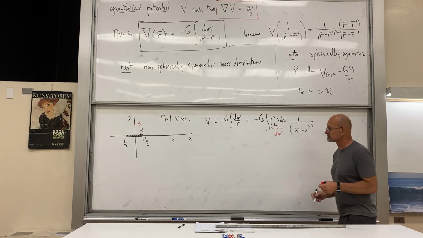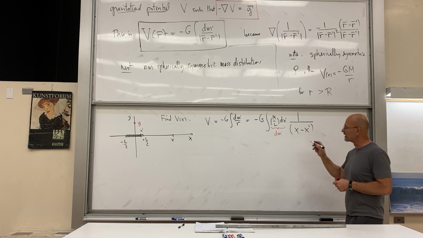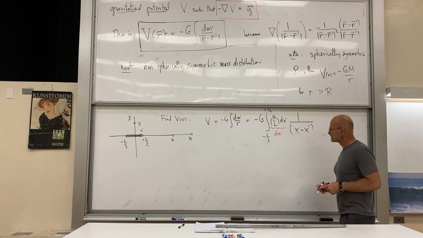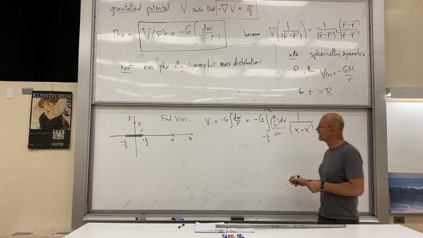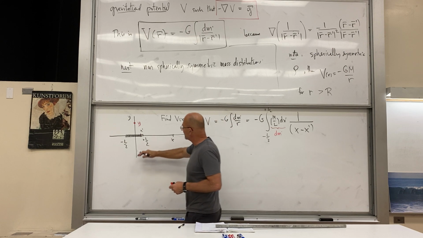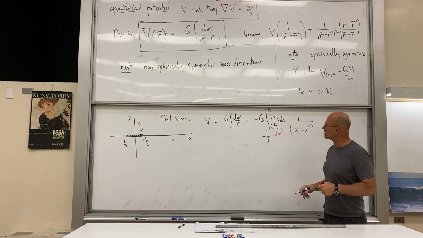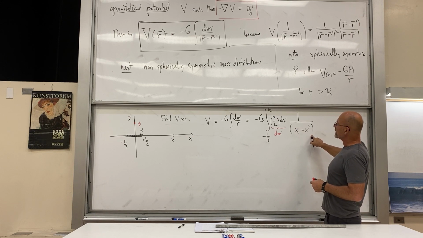Anything else? Boundaries of integration. Apparently that's from minus L over 2 to plus L over 2. So now our problem is set up, and you guys are going to do the same thing in the y direction. My integral is easy, yours is going to be tedious, but that's justice for you.